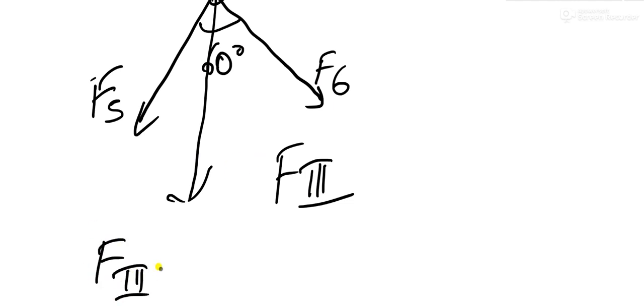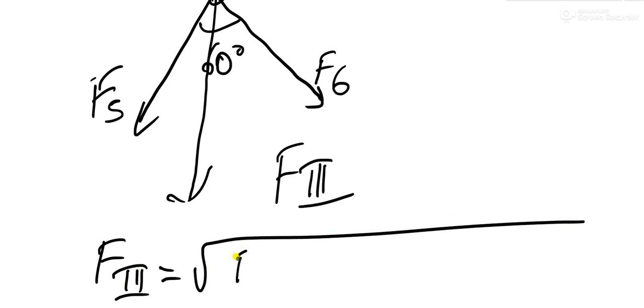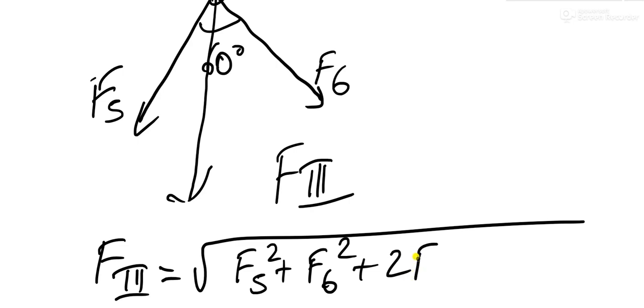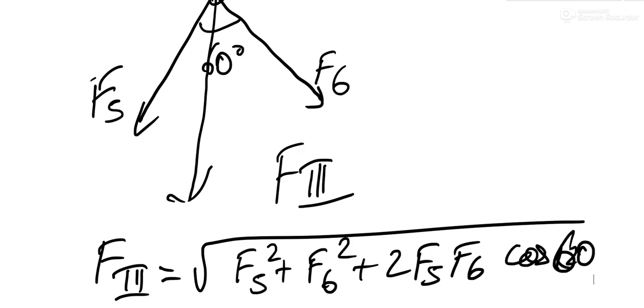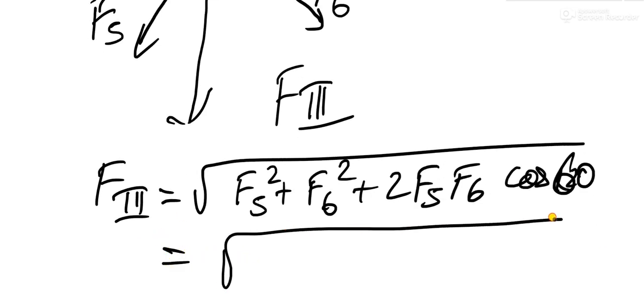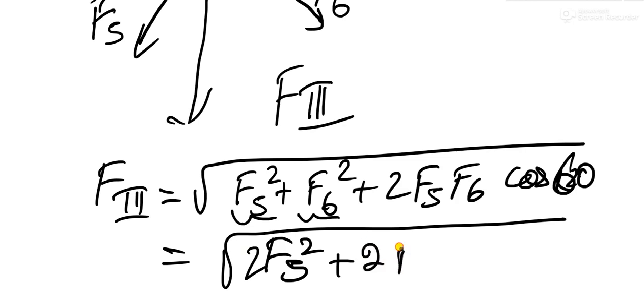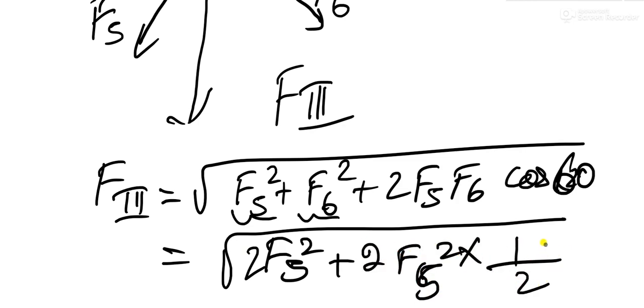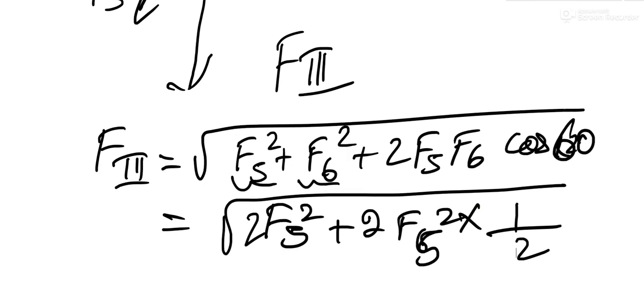F3 is equal to root of F5 square plus F6 square plus 2 times F5 F6 cos 60 degree. Cos 60 degree will be 1 by 2. So, since F5 and F6 are equal, it is going to be F5 square plus F5 square plus 2 times F5 square into cos 60, which is 1 by 2. Okay.